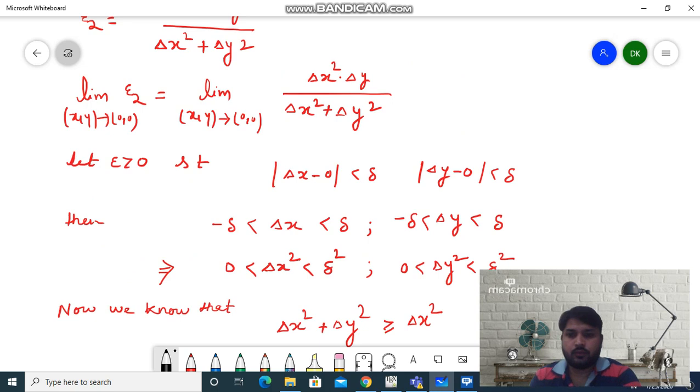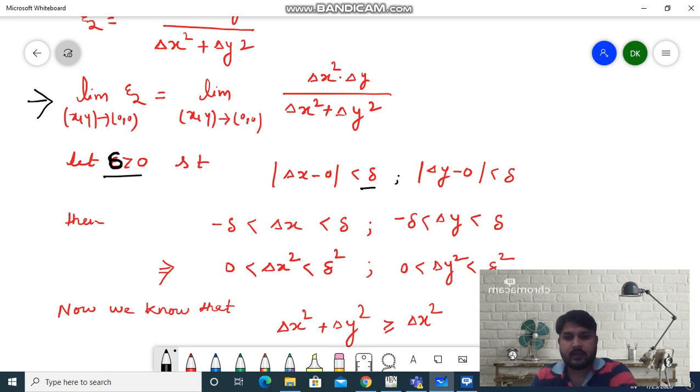To check the limit of a function of two variables, that is epsilon 2, we assume that epsilon is any positive number and suppose delta is greater than 0, such that the modulus of delta x minus 0 is less than delta and the modulus of delta y minus 0 is again less than delta.